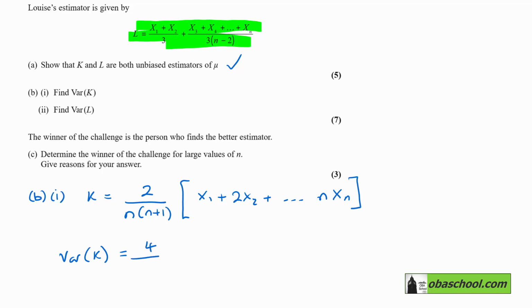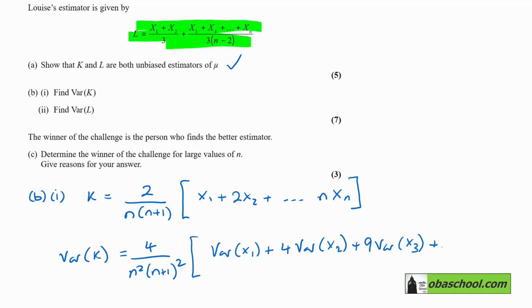So that's going to give us 4 over n squared, n plus 1 squared, and then we'll have var x1 plus 4 var x2 plus 9 var x3 and so on, all the way up to n squared var xn.